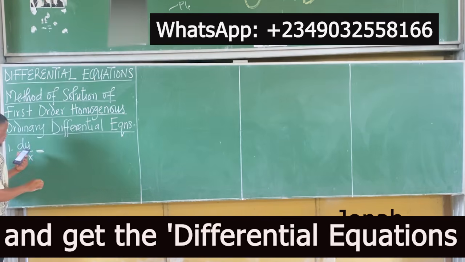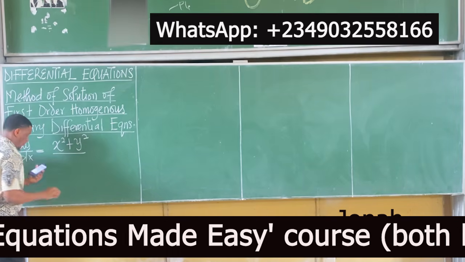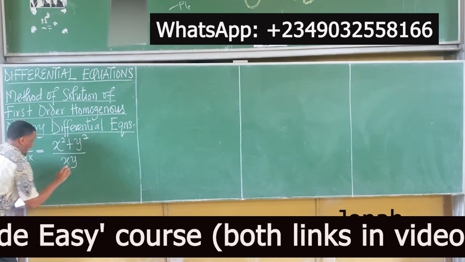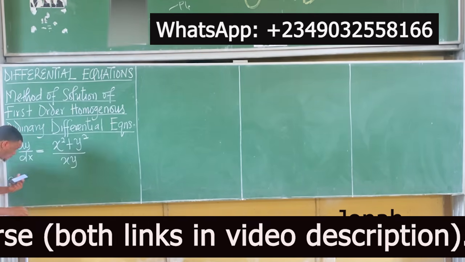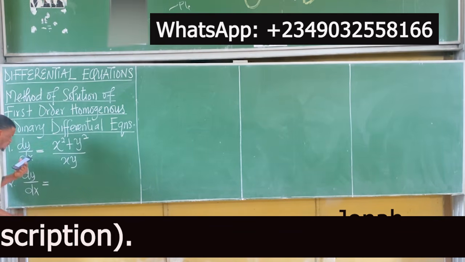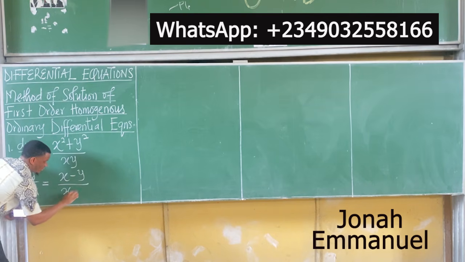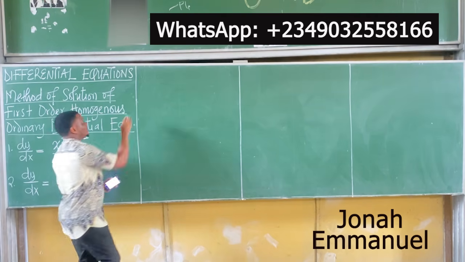Number one, dy/dx equal to x squared plus y squared all over xy. Number two, dy/dx equal to x minus y all over x plus y.